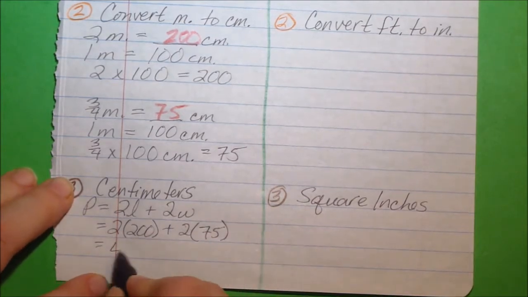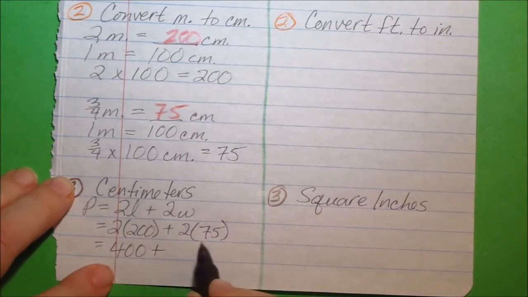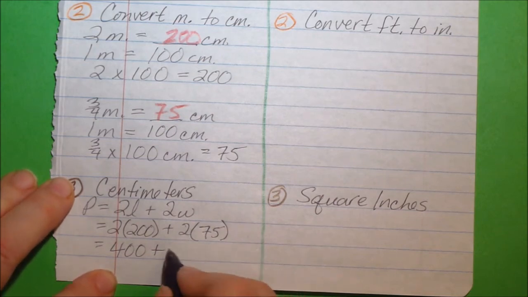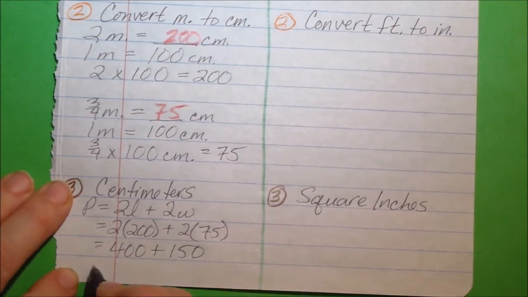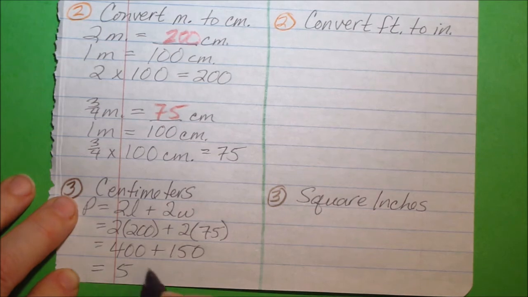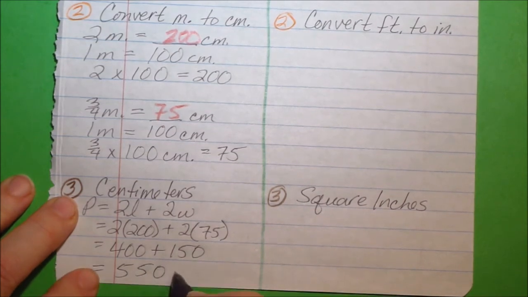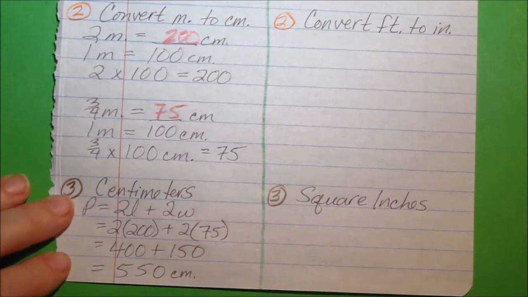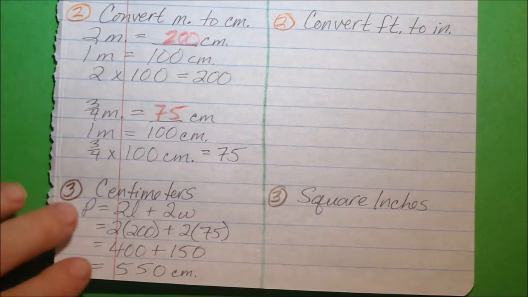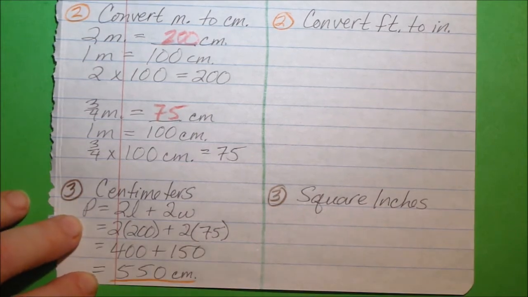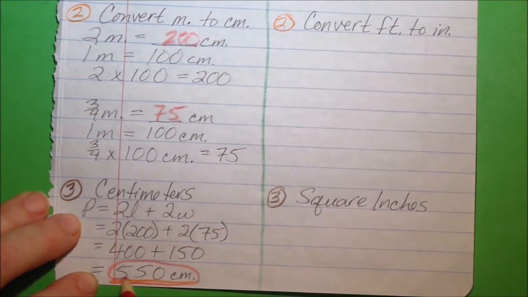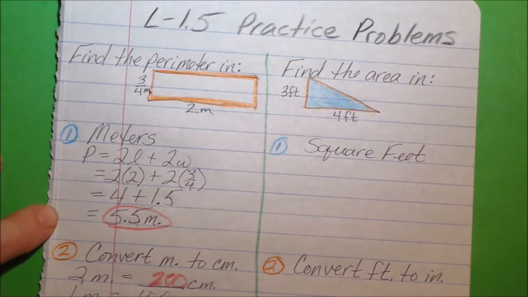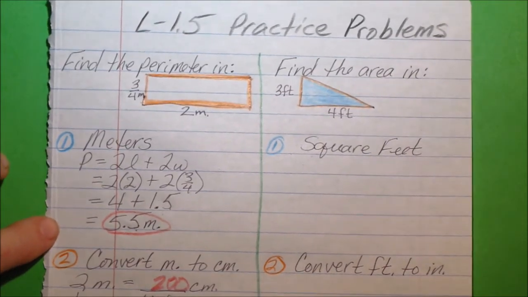So 2 times 200 is 400, plus 2 times 75 is 150. And so my answer is 550 centimeters is the perimeter of that rectangle. In meters, it's 5.5 meters.